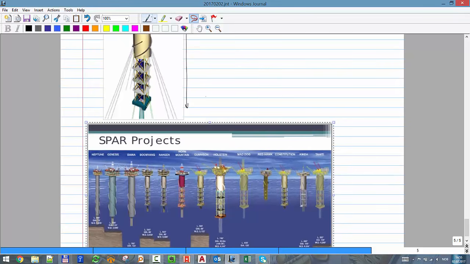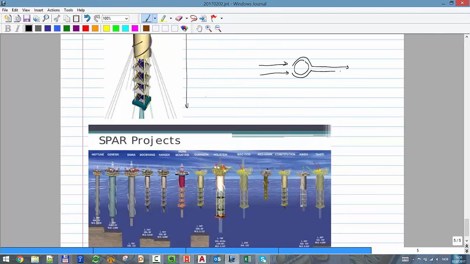When you have a circular structure, if you see it from the top, and some current is impinging on the vessel, if it were ideal, the fluid would just go around like this and continue. But really, we know nature is not so easy, and that's not what happens.